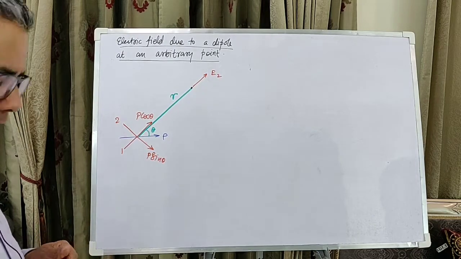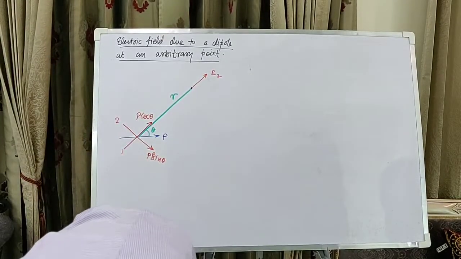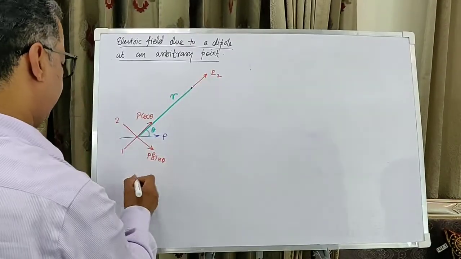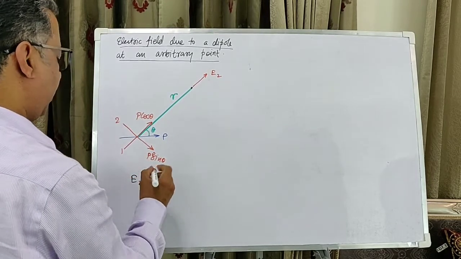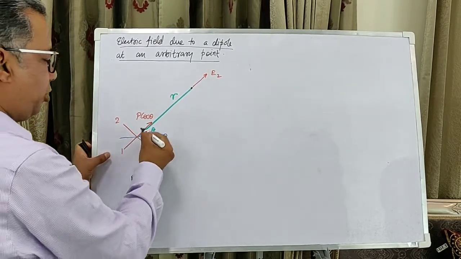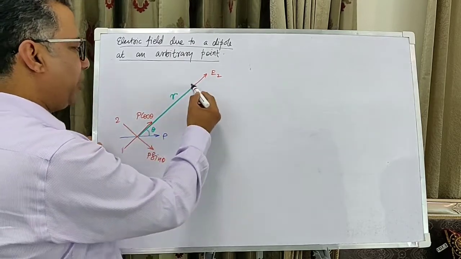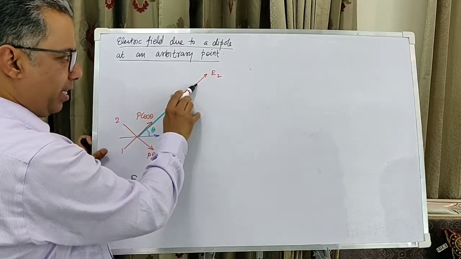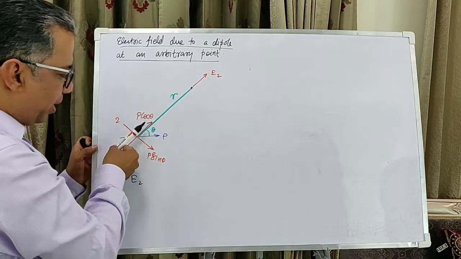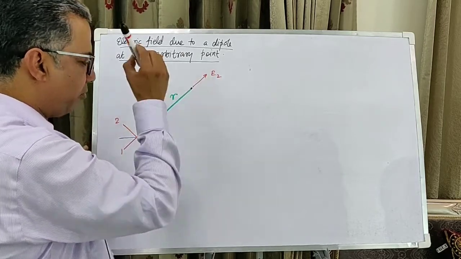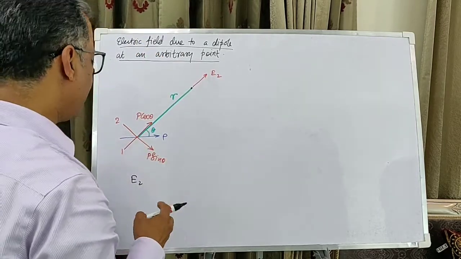Now this field is on the axial line for p cos theta. On the axial line, the electric field is directed along the direction of the dipole.